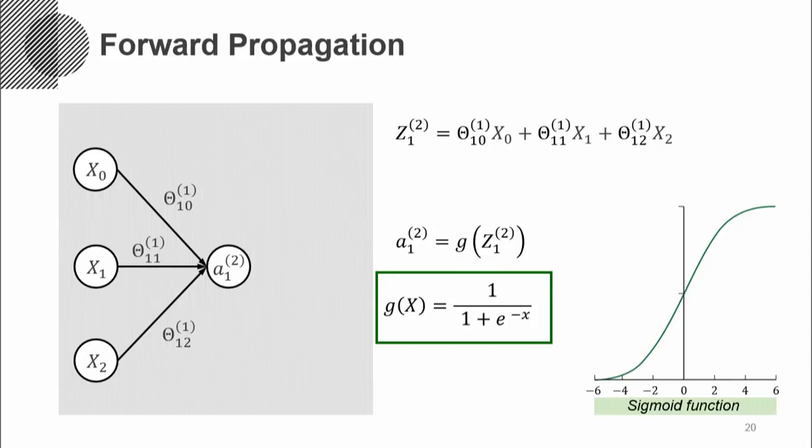So this transformation is basically defined by this linear combination of the given inputs. And after obtaining this linear combination, we go through some nonlinear transformation, which we call an activation function. In particular, we can use the activation function called the sigmoid function, which is defined by this.